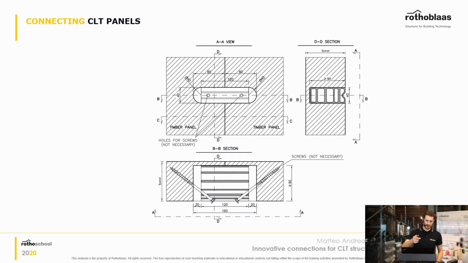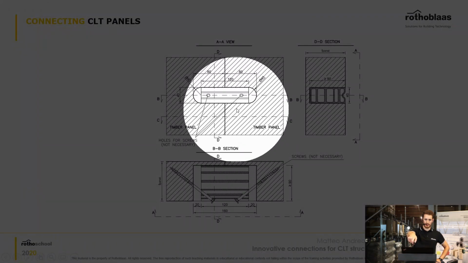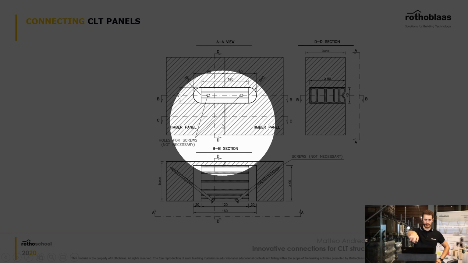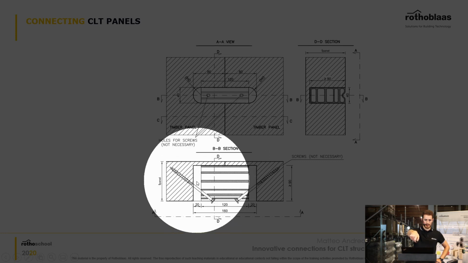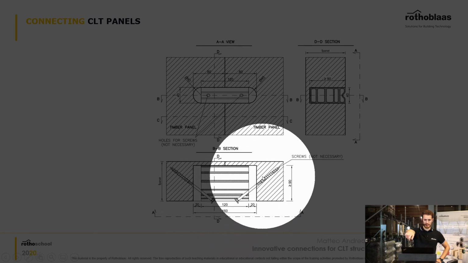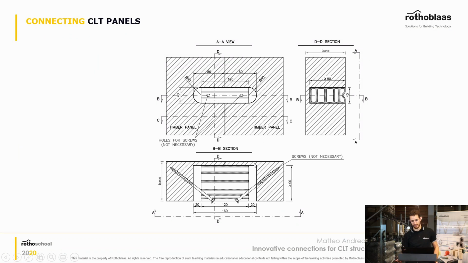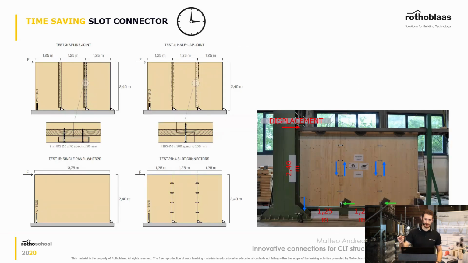This is a drawing of the product, and of course the product itself does the job, the shear resistance here, and it is mandatory to place these extra screws here, so that first of all the aluminum extrusion stays exactly where it is put, so it doesn't move, and second of all you have a little bit of resistance as well, a tension resistance between the two panels, which can be useful sometimes.